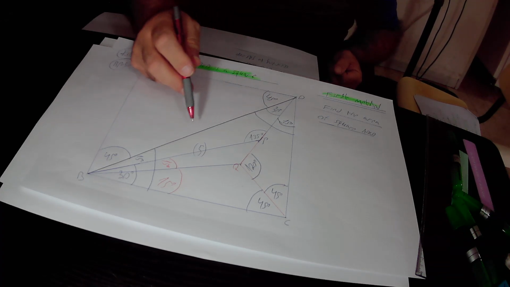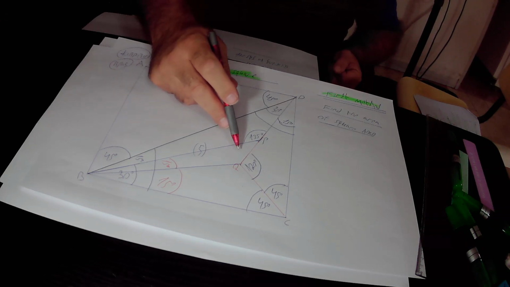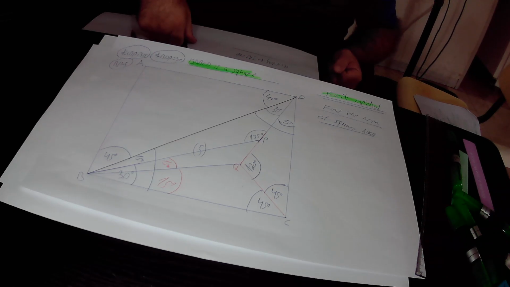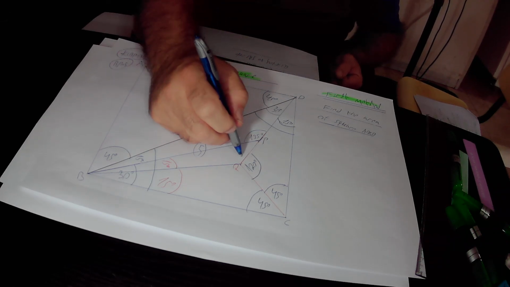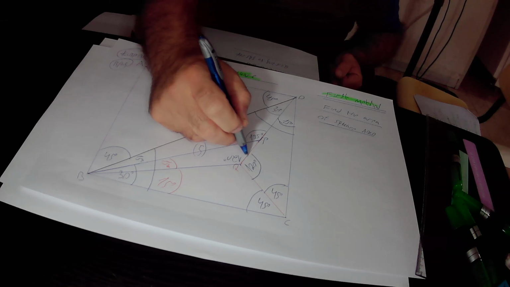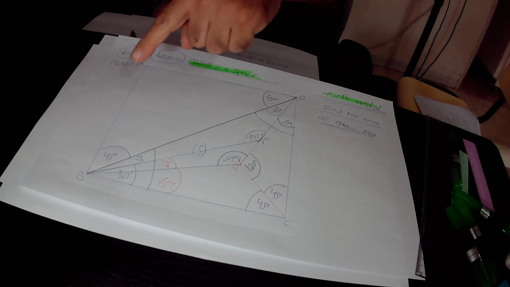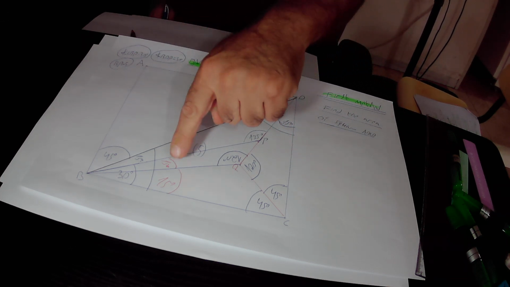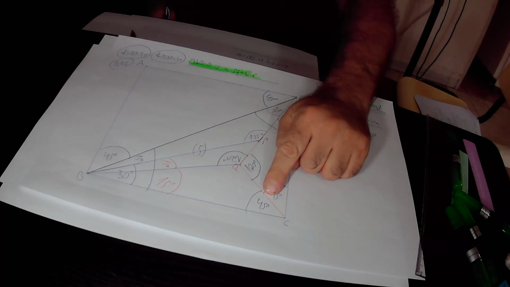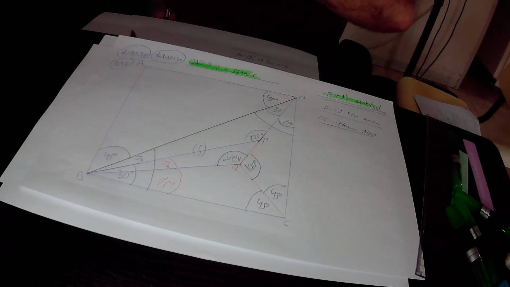So 30 degrees plus 30 degrees is 60 degrees, and therefore this angle must equal 120 degrees in size, according to the rule that the sum of the angles in any triangle is equal to 180 degrees. Likewise, in triangle BQC, this angle equals 15 degrees and this angle equals 45 degrees. 15 plus 45 is 60 degrees, and therefore the third angle must equal 120 degrees in size according to the same rule.